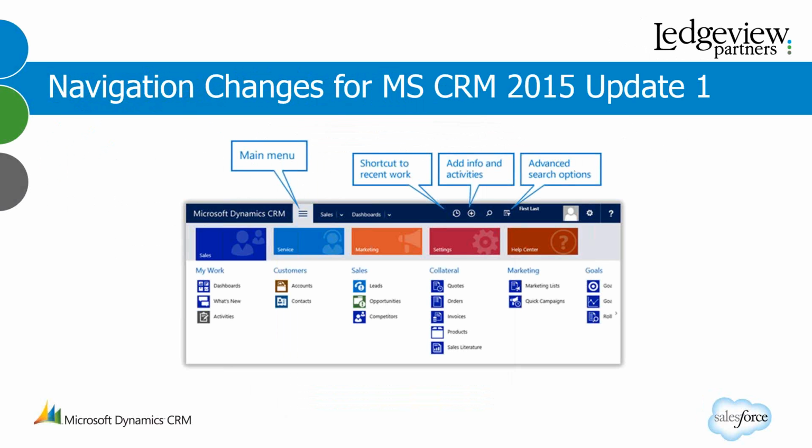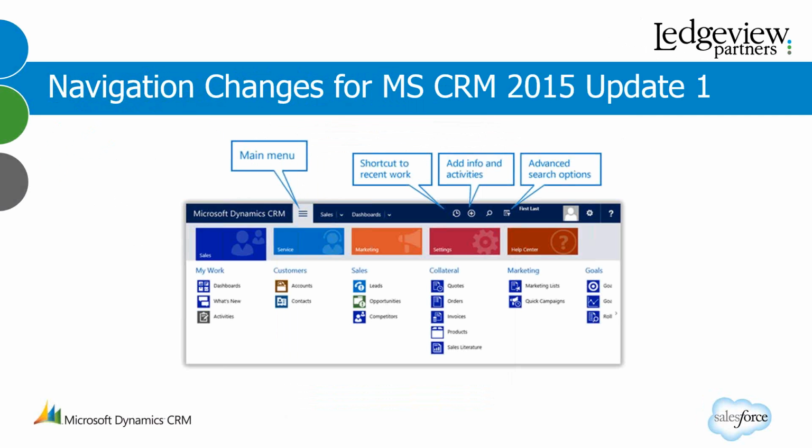So to start off with the navigation changes for Microsoft CRM 2015 Update 1. In my opinion, this is a fantastic update and saves users a lot of time clicking and navigating. It puts everything on one screen, so you're very efficient and it saves you time. So to start off with, the 3 lines next to Microsoft Dynamics CRM, that's your main menu.